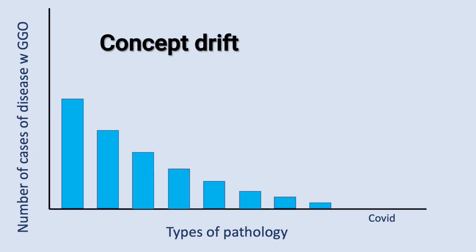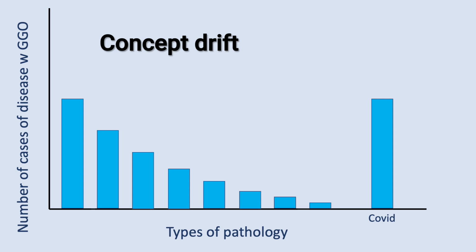And then there's something called concept drift. We talked about ground glass opacity. Nobody's ever heard of COVID, seen COVID, and then all of a sudden, one day, boom, everything's COVID, right? So the concept of what ground glass opacity means, the label that you want to attach to it, has changed dramatically.